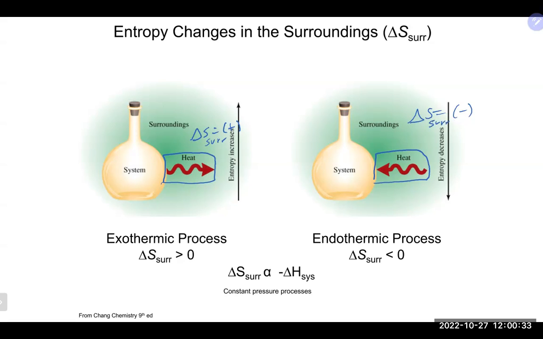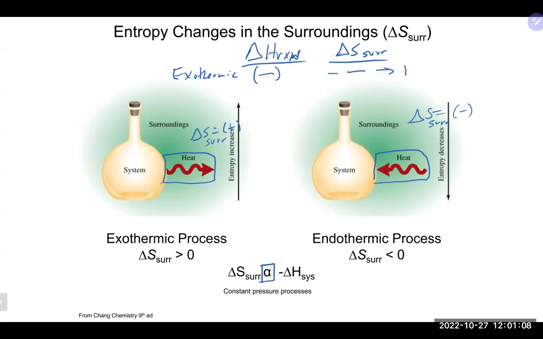So the delta S of the surroundings is proportional, which is what that little symbol means, to minus delta H of the system or the reaction. If we make a little table to figure this out, we have the delta H of the reaction and the delta S of the surroundings. If it is exothermic, our delta H would be negative, and since the surroundings is the negative of the delta H, negative of a negative makes this a positive number.